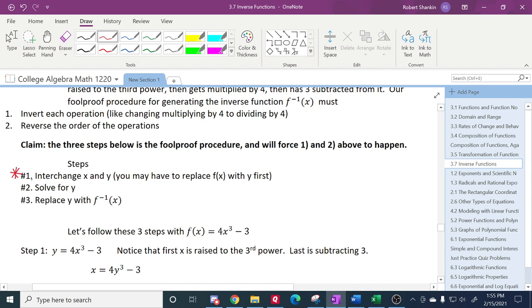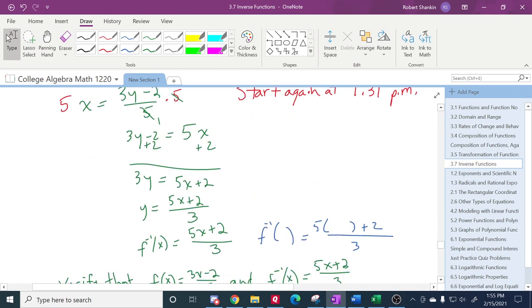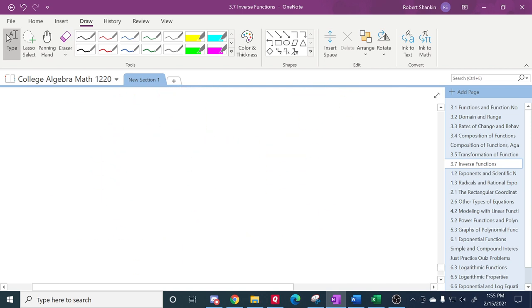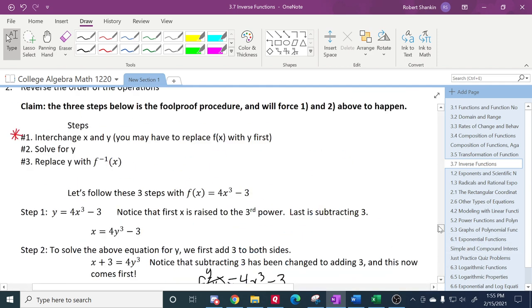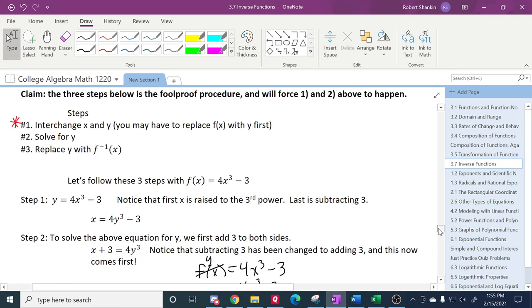This is theoretically where all the work really happens. When you just interchange x and y, that's the same thing as taking this table and moving the input column to the other side, moving the output column. It's just interchanging the x and y in the table. And when you interchange x and y, that's the only thing that really changed the function.